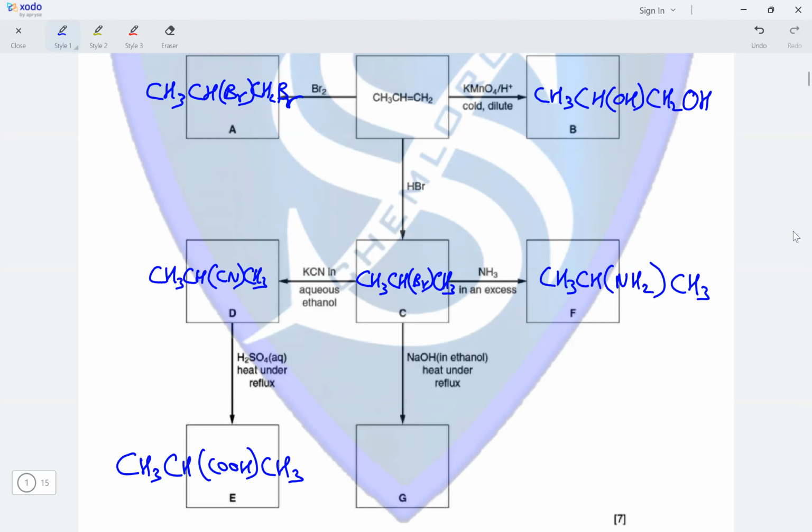So the alkene would be the same as the starting reactant. So this would be CH3, CH double bonded to CH2. So we ended up with the same organic compound that we started off with.